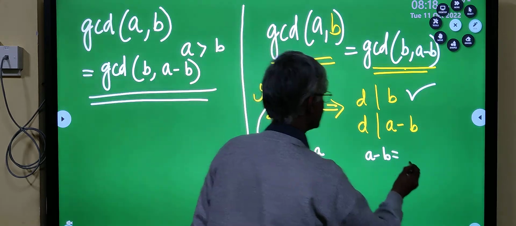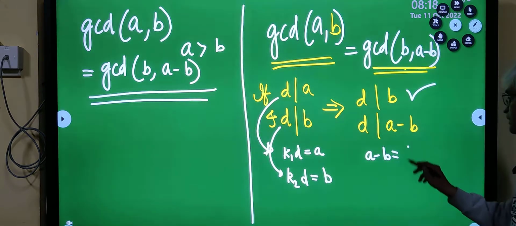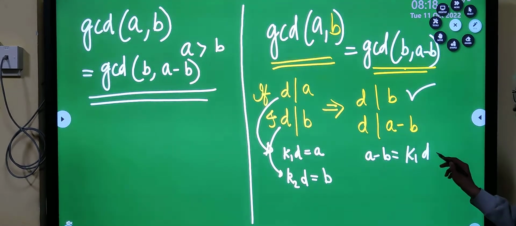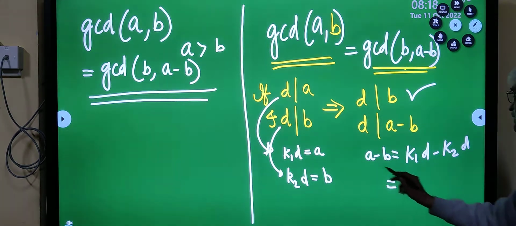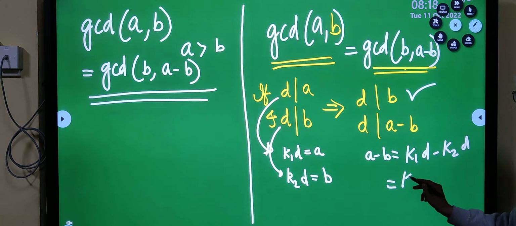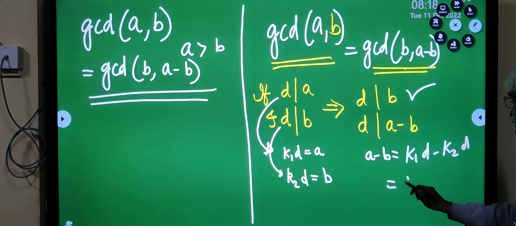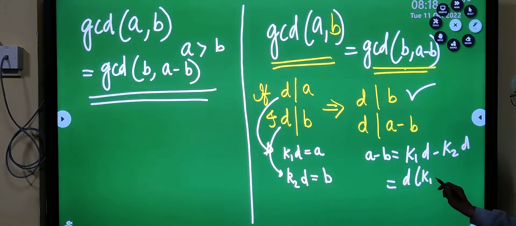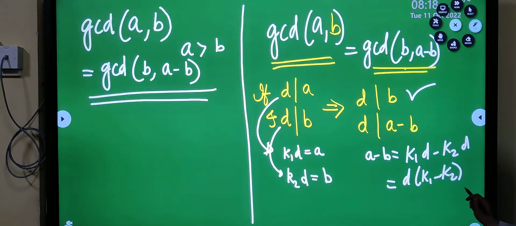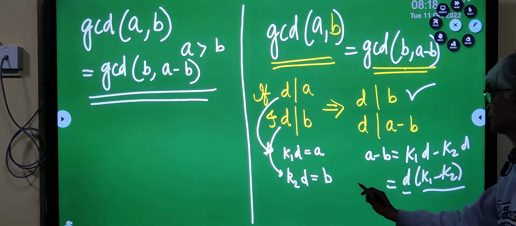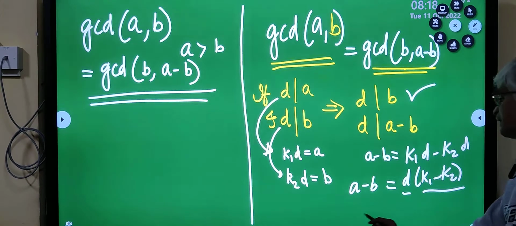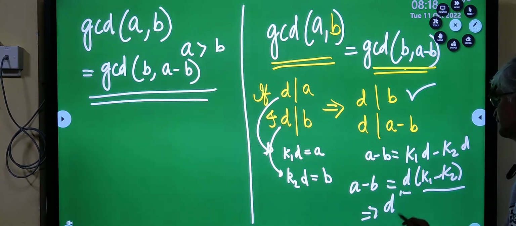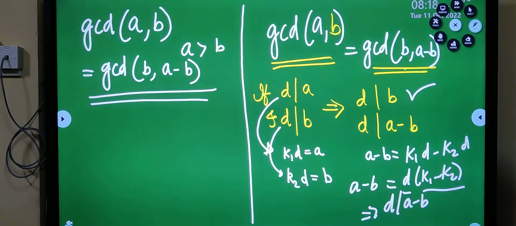A minus B is nothing but K1D minus K2D, and this clearly means that A minus B is equal to D times K1 minus K2. So we have an integer here and an integer here, and clearly A minus B is a multiple of D, and this means that D divides A minus B.